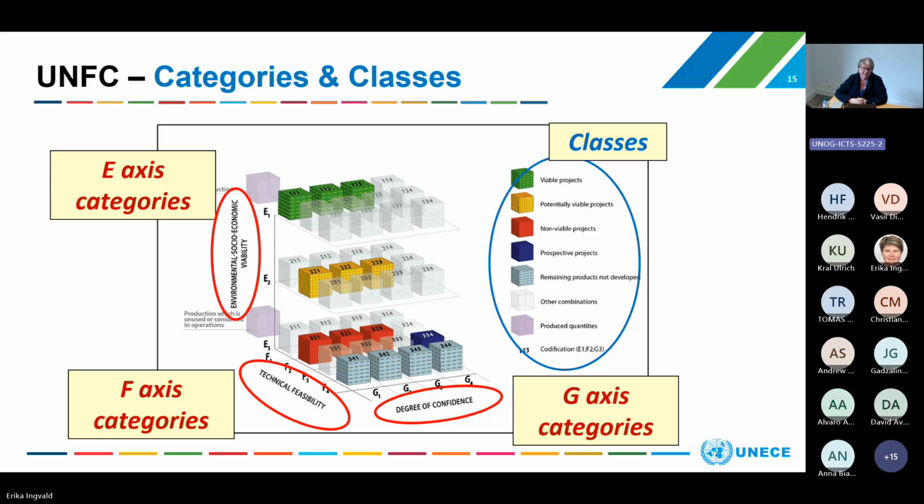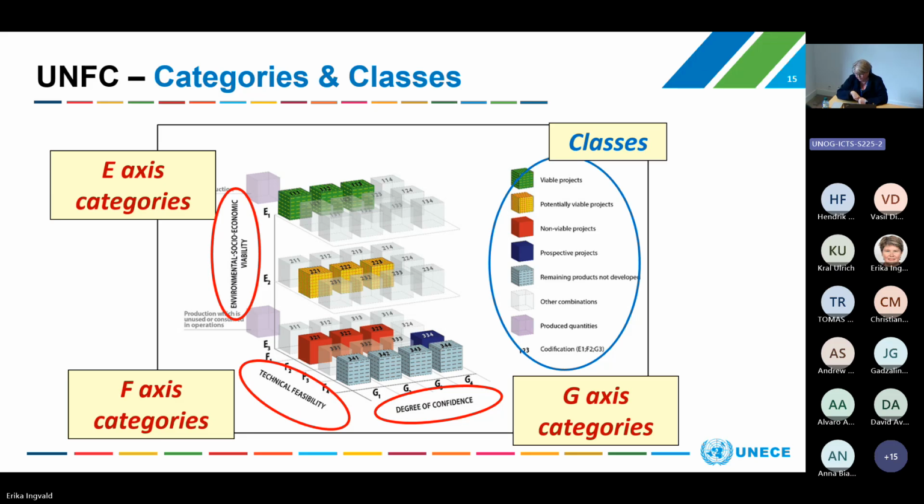When you have information on all the 3 axes, which you will have with the other pieces of information that you will put in the application form, then you can put this in classes. So you will know if your project is a potentially viable or viable project.